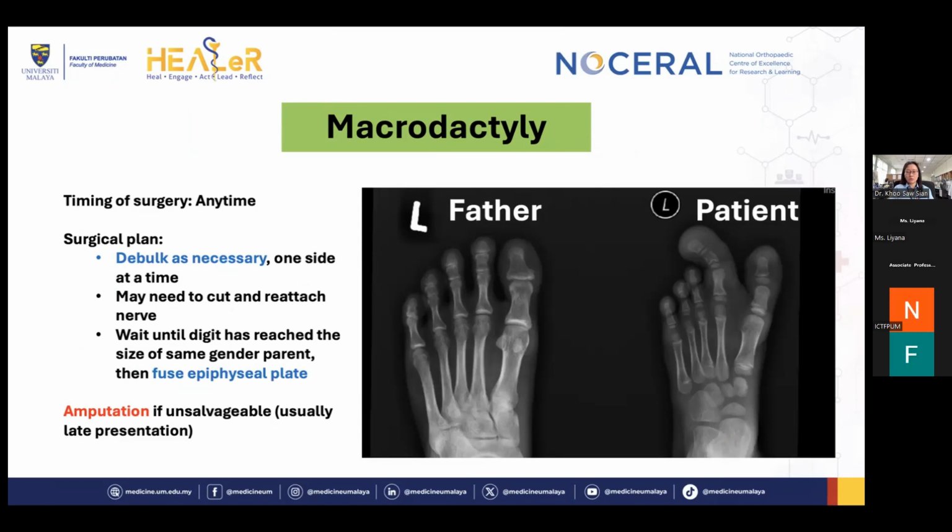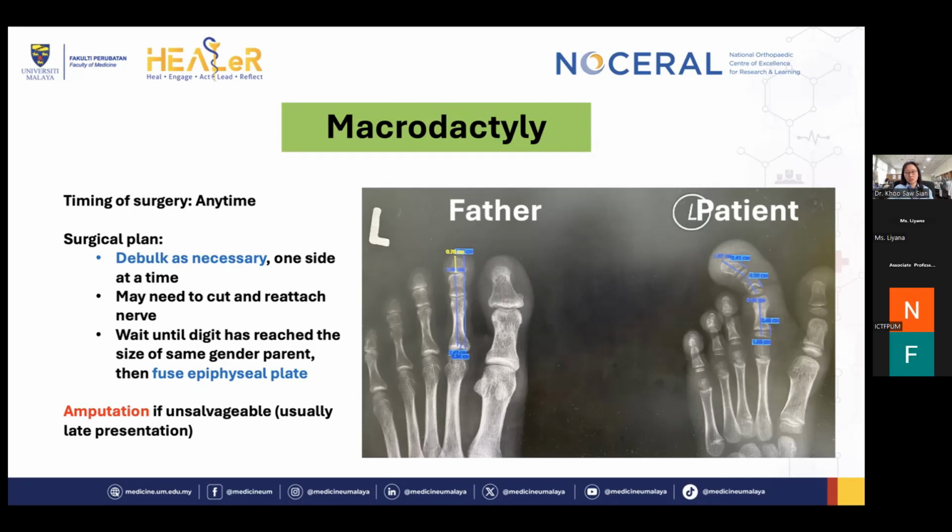If it's not too bad, we can cut it and then reattach it so as to reduce its function. Then we wait until the digit has reached the same size as the parent's, and then we fuse the epiphysis. Occasionally, we might also need to cut the bone and reduce the size. Amputation is only for when it's unsalvageable, and usually that is because of late presentation.